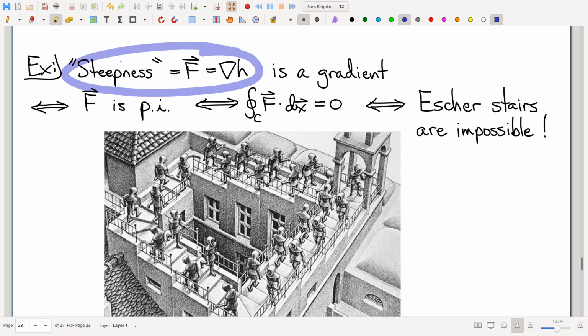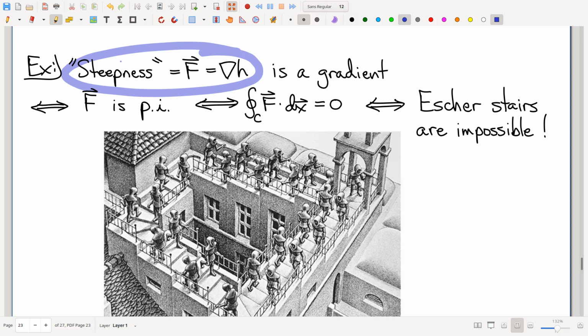So what do we know about gradients? Well, gradients point in the direction of fastest increase. In other words, gradients point uphill, and their magnitude tells you how steep. So this, what I'm calling F here, points in the direction of uphill, and its magnitude tells you how steep it is uphill. Thus the steepness name that I put on it.